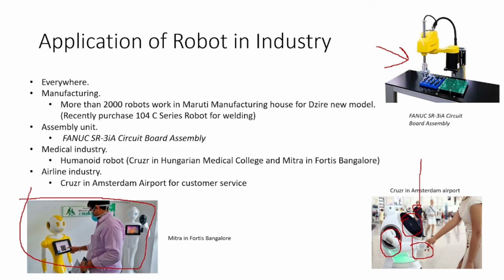Even if you see the recent design model launched in India, it has 2,000 robots working. So Maruti Suzuki, Hyundai, they all worldwide are trying to prefer the robot solution instead of humans, which is basically a good challenge for us. Now the challenge for humans: will they survive? And that question is for you.